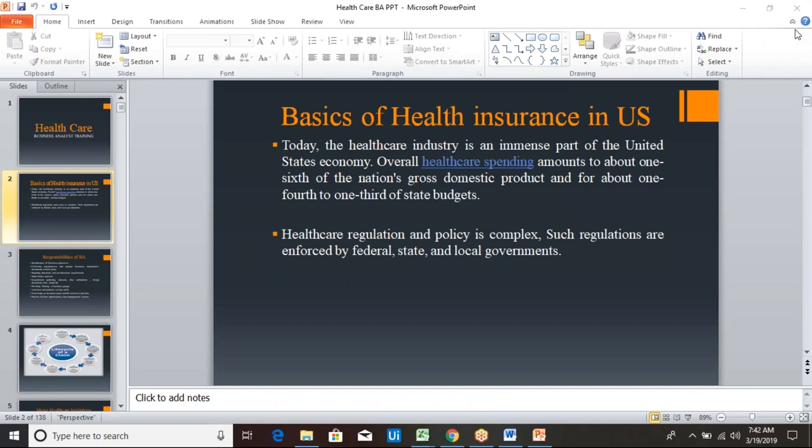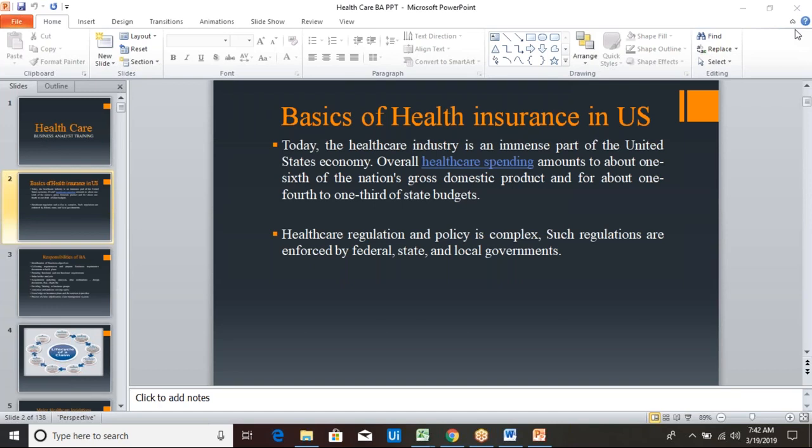In comparison to other countries, the US is one which spends a good amount of money on providing better health for their citizens across 50 states. Whoever is residing there, providing better health insurance and health services for the citizens is their prime motto.